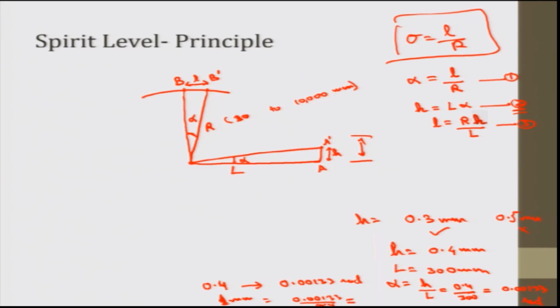This would be equal to 0.0032. So, this can be a kind of sensitivity of this instrument. However, this is not the exact calculation, we have just made a hit and trial method. So, this sensitivity of the instrument can be calculated using this relation or this principle.